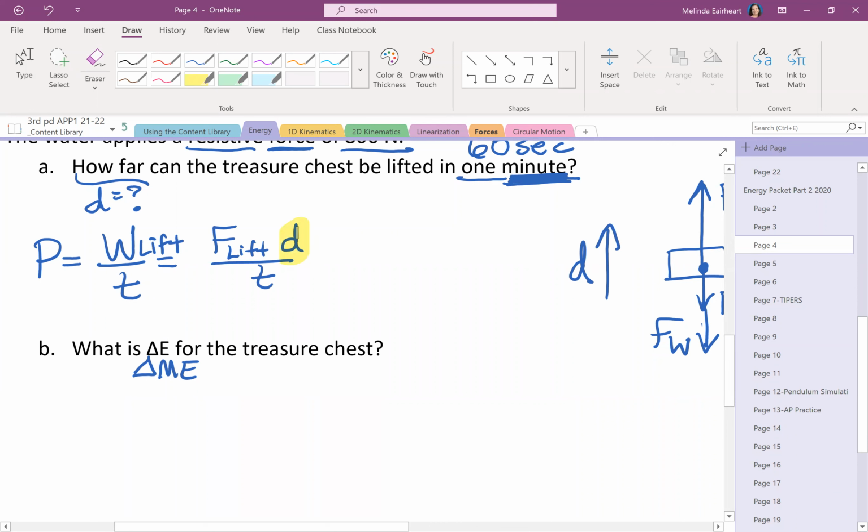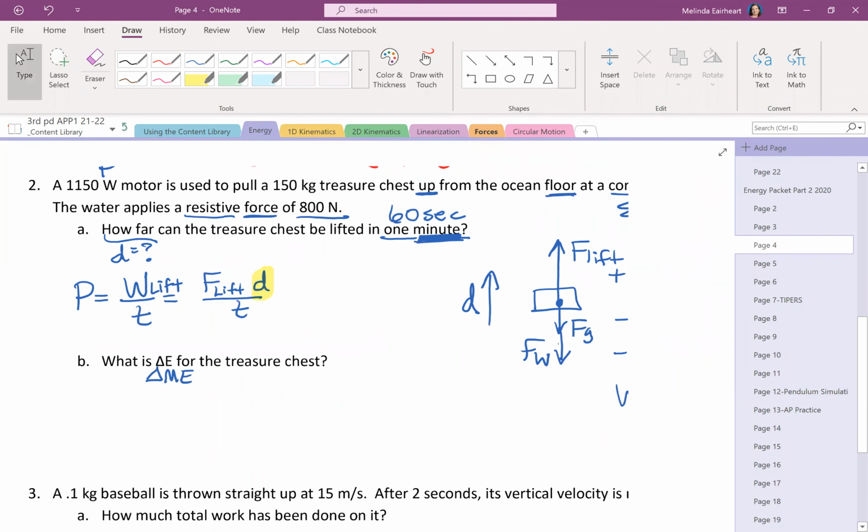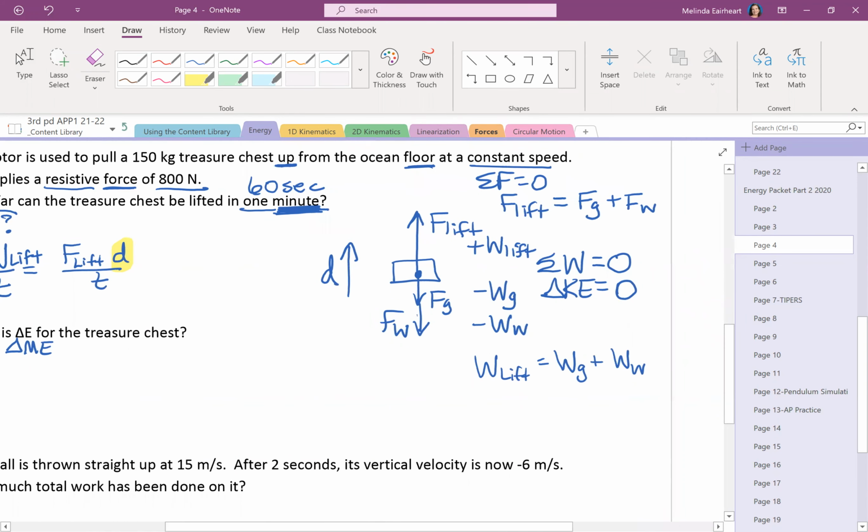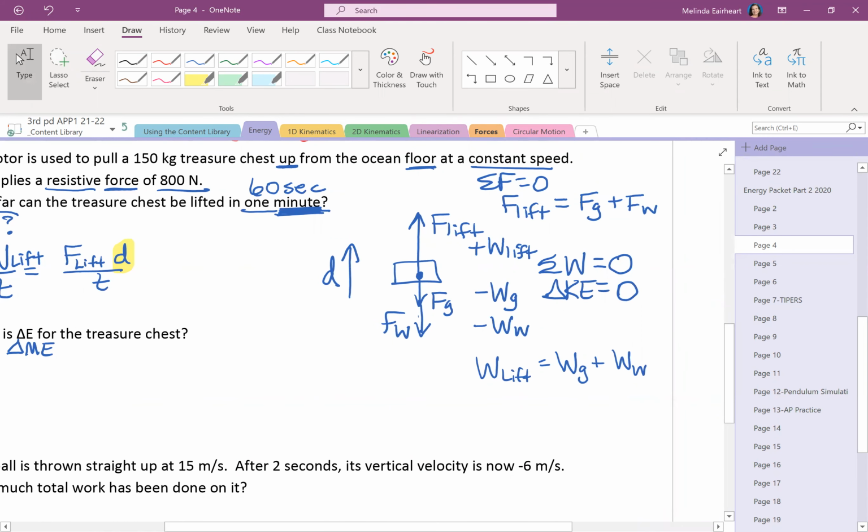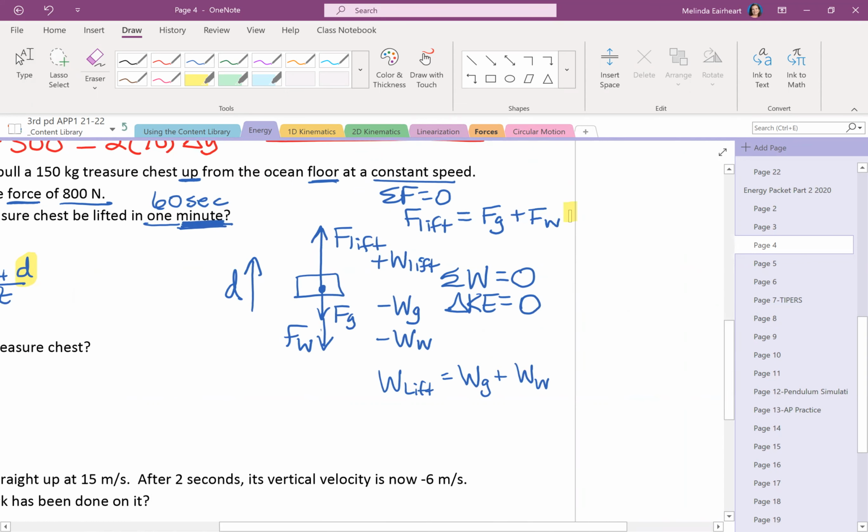Now, whether I keep plugging in, just knowing myself and knowing that, man, I don't know if I'm going to have room to do everything, I'm going to solve for the lift force over at the equation we already wrote down on the right-hand side. We already said that the lift force was equal to the weight plus the resistive water force. And so they don't give me Fg, but what can we plug in for Fg?